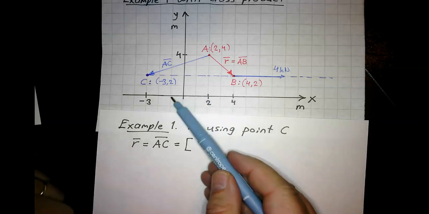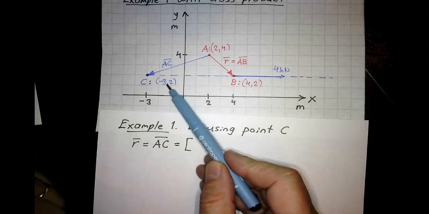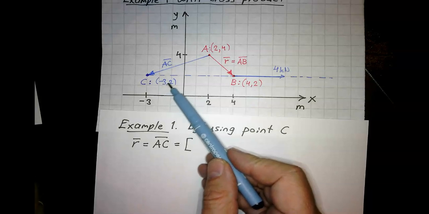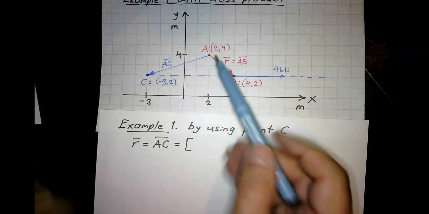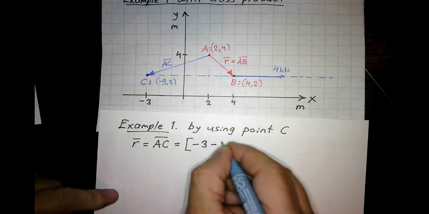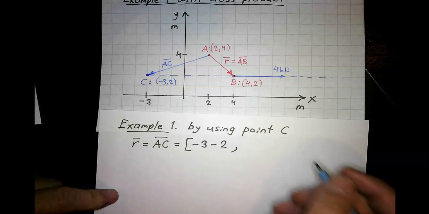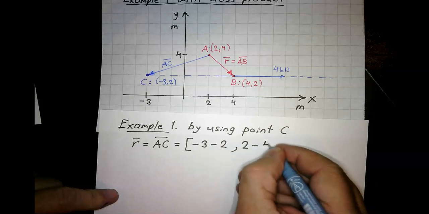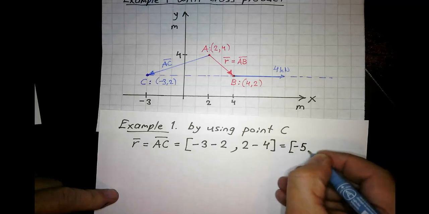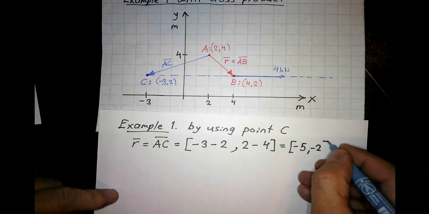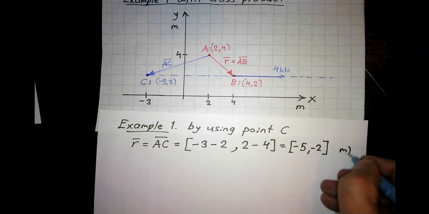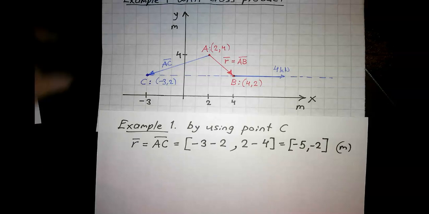I will take first the coordinates of C and subtract the coordinates of A. So that will give us -3 minus 2, 2 minus 4. That will give us -5 and -2. And this is in meters, the unit of that vector.